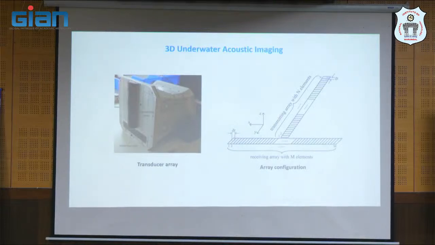So this will have n number of elements and this will have m number of elements, and this will have a beam pattern in the across-track direction. By steering that beam to different angles, we can scan in the plus y and minus y direction, and at the receiver side, again by steering the beam to plus x and minus x, we get the receiver beams.